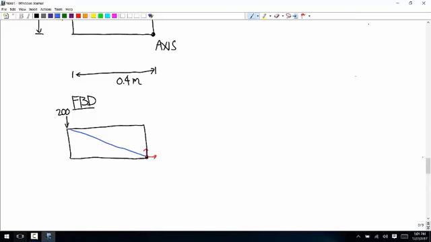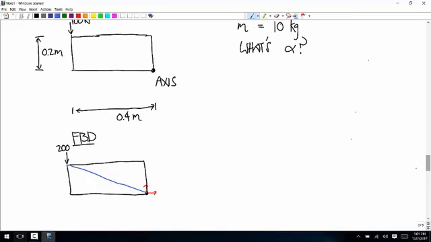What? Oh. I was going to do a problem that was twice as hard. Okay, so that doesn't work, but we can move this force along its line of action, which is this.